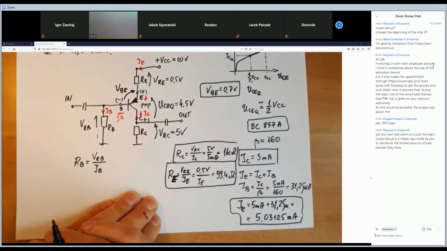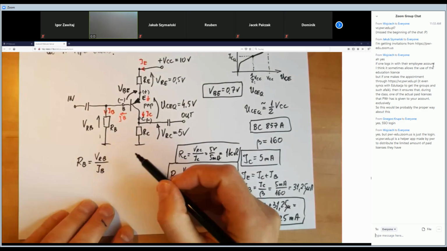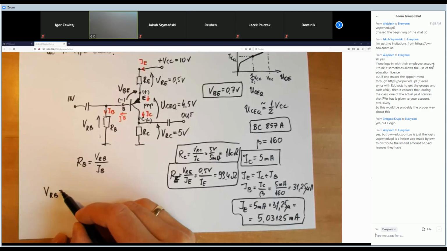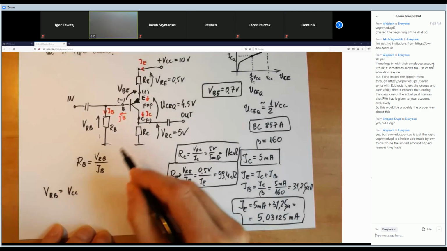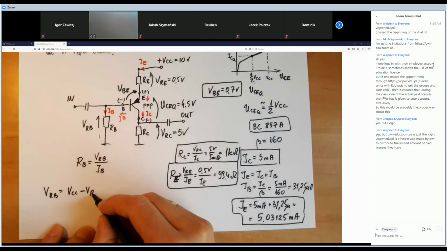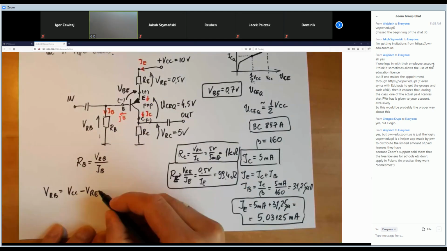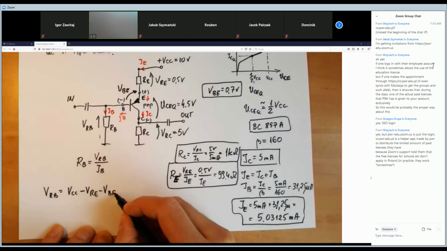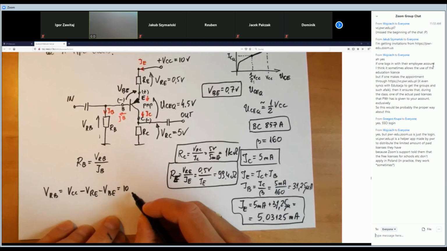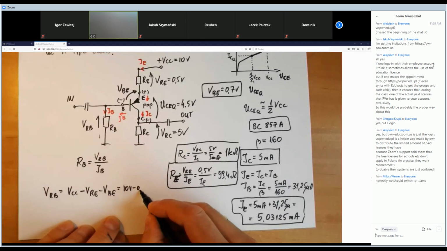All right. So VRB will be equal to VCC minus VRE minus VBE. How many is it? 10 volts minus 0.5 minus 0.7.